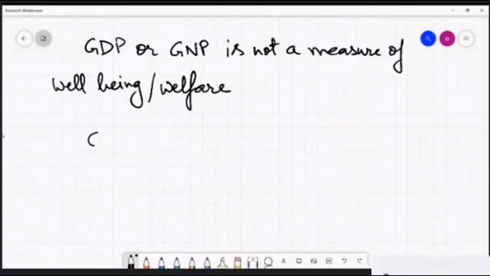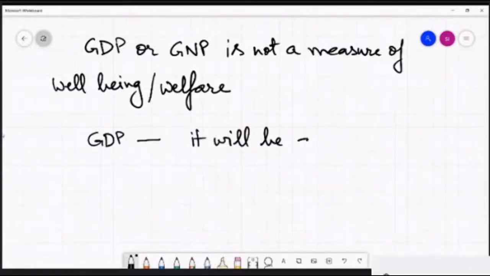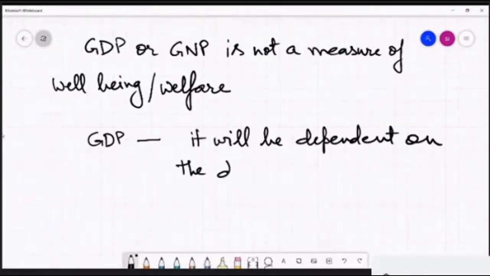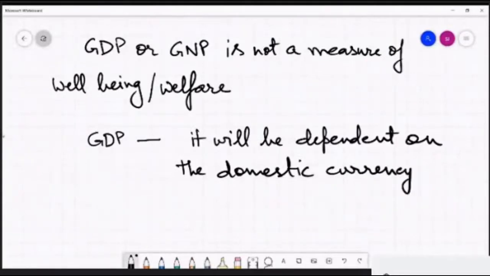When you are talking about GDP, it will be dependent on the domestic currency always, because you are talking about the output within your boundary. Now in your case it is the rupee, okay? But if you are talking about GNP, then definitely there are foreign currencies also involved. So then you have to always consider the foreign exchange.